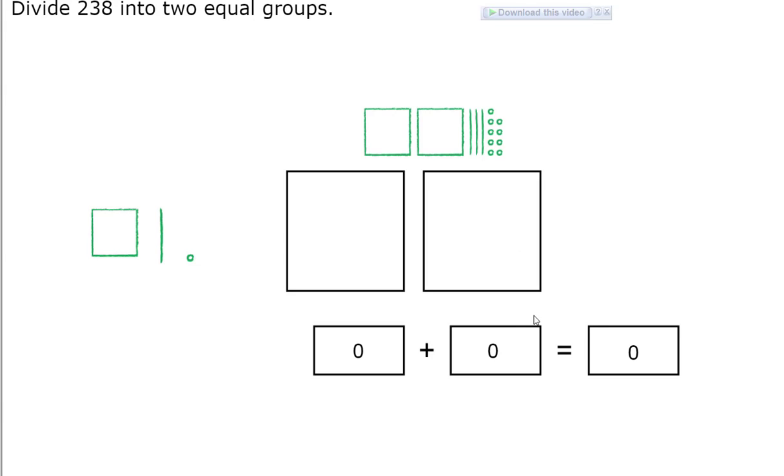Okay, Ala, you are with me. I'll choose someone else. Hussein, yes. Okay, Ala, how many hundreds do we have?